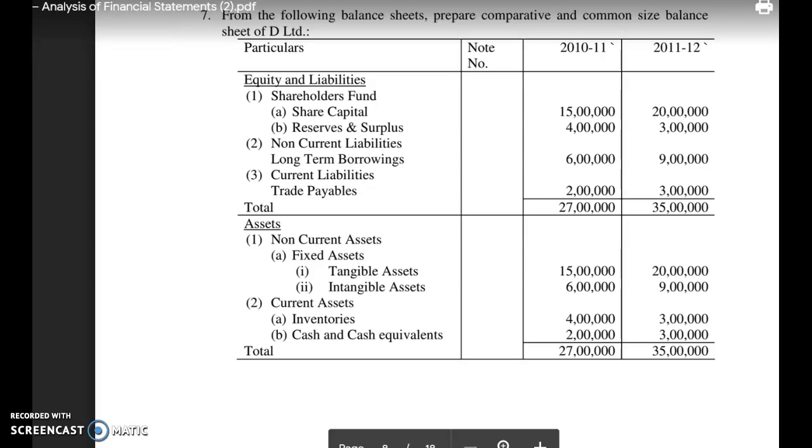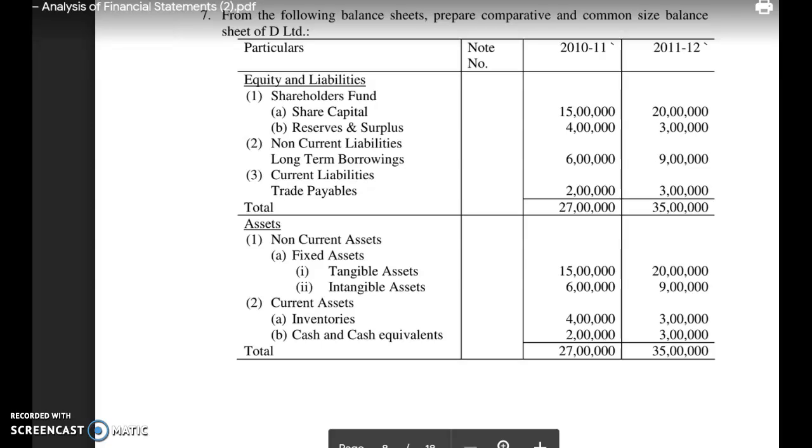When financial statement data of 2 or more than 2 years is placed side by side for comparison, it is known as the comparative financial statements. I repeat the meaning of the term.